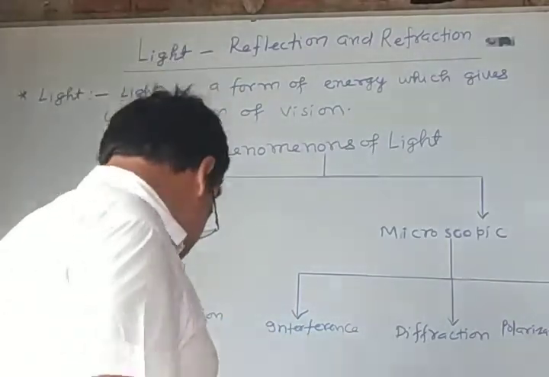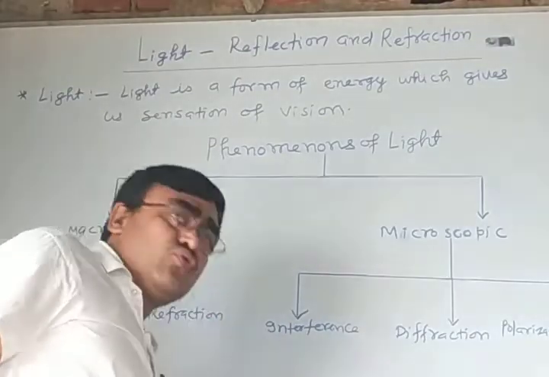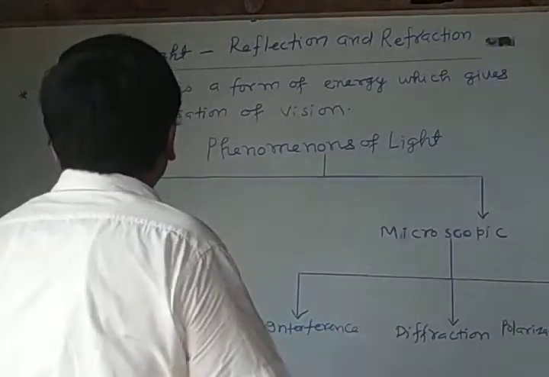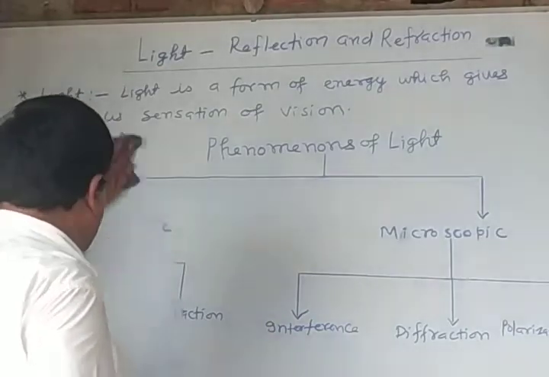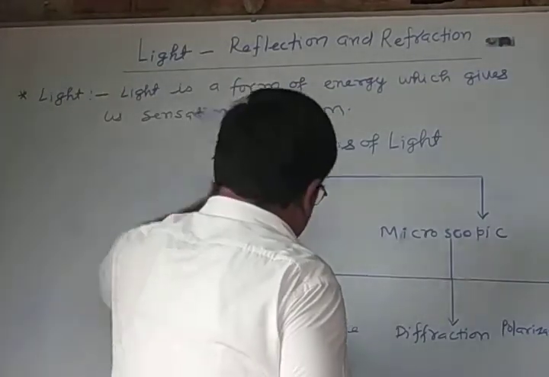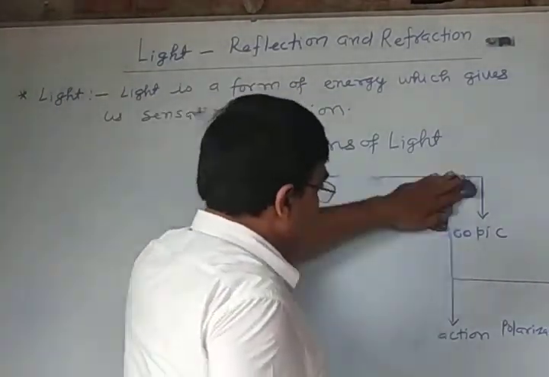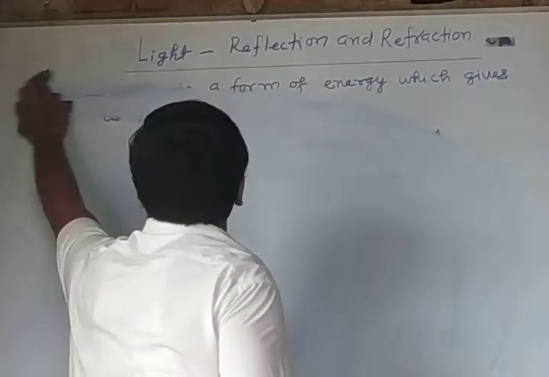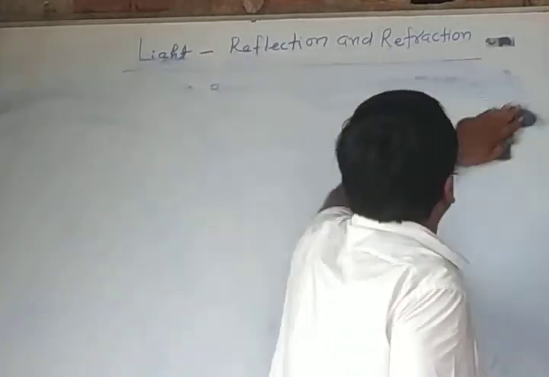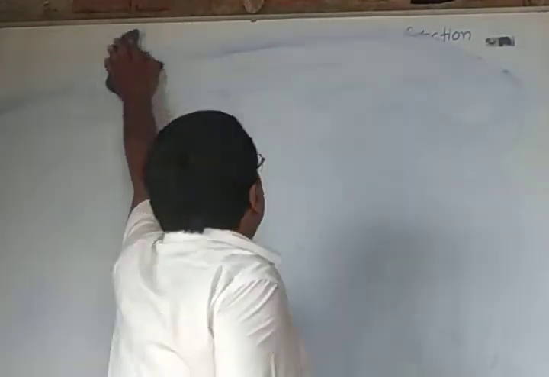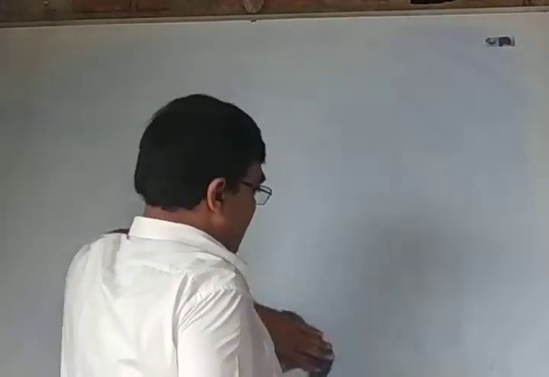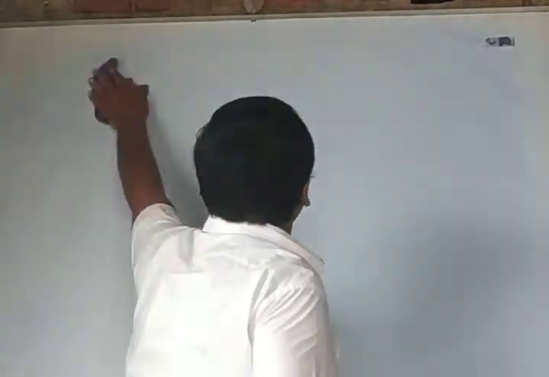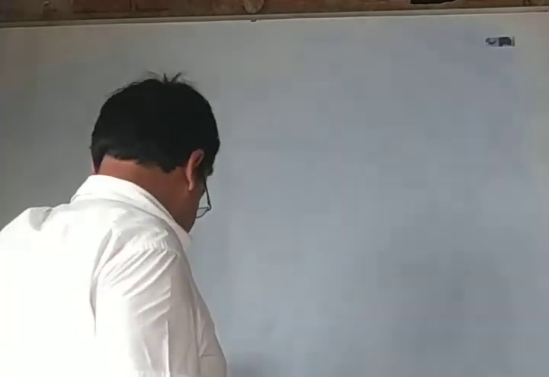Now I am going to describe what is the reflection of light. Reflection of light is a phenomenon based on the macroscopic phenomena of light, that means the particle nature of light.